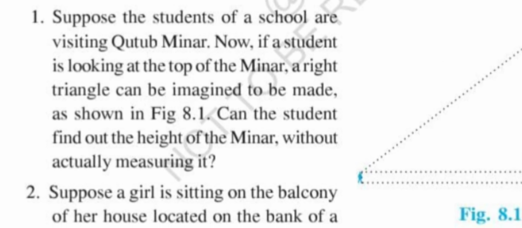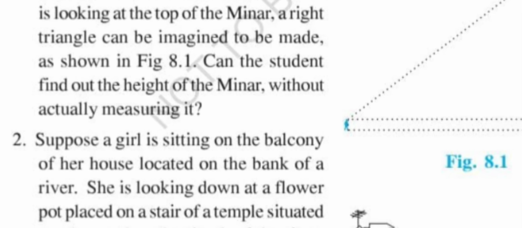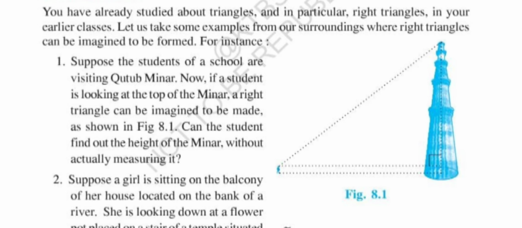Next we have another example. Suppose a girl is sitting on a balcony, as you can see in figure 8.2. She is sitting on the balcony of her house located on the bank of a river. She is looking down at a flower pot placed on the stair of a temple situated nearby on the other bank of the river. A right angle triangle is imagined to be made in this situation, as in figure 8.2.